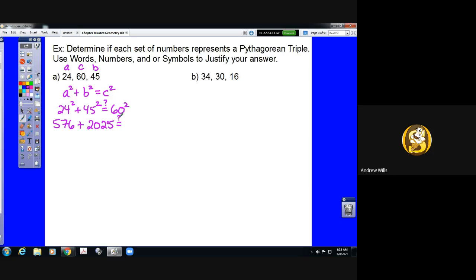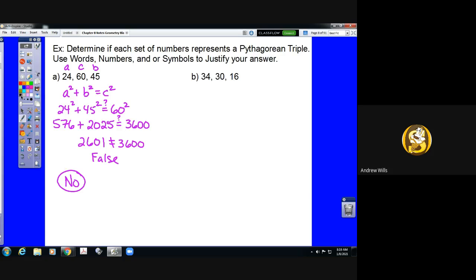And we're asking whether or not that equals 60 squared, which is 3,600. Well, pretty clearly, 2025 plus 576 is not even 3,000. It is 2,601, which is not equal to 3,600. So that is a false statement. And our answer would be no. This is not a Pythagorean triple.